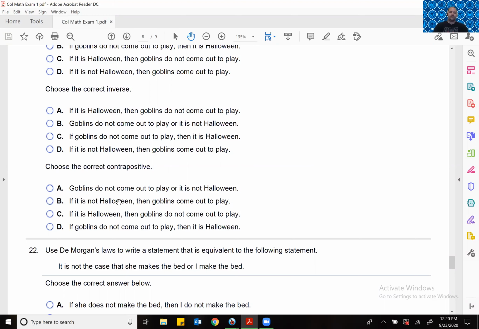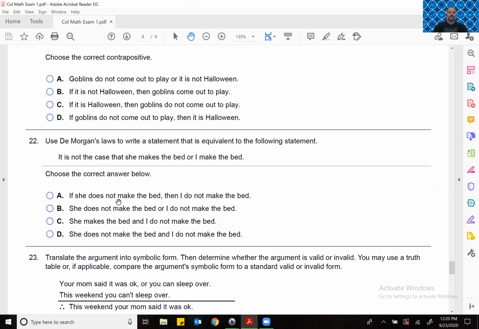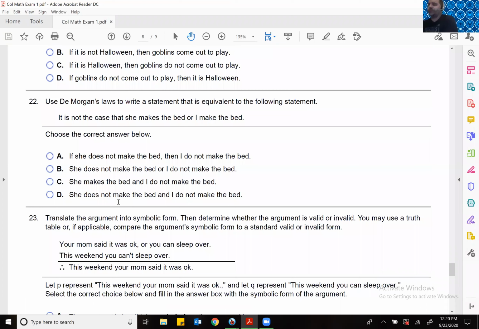So number 22 is coming from 3.6. They want you to perform De Morgan's law on this and give us the equivalent statement.